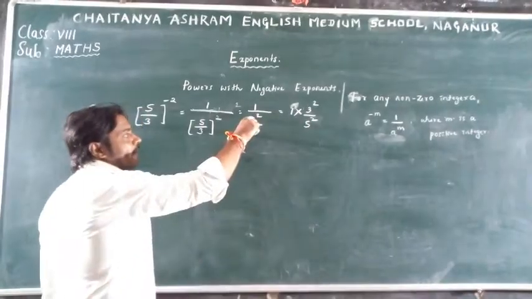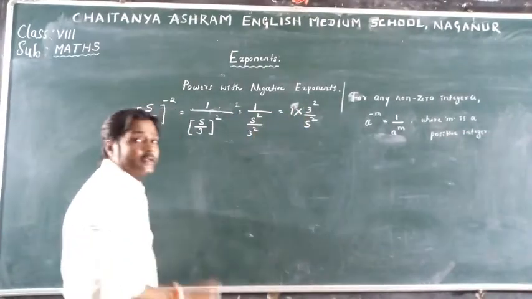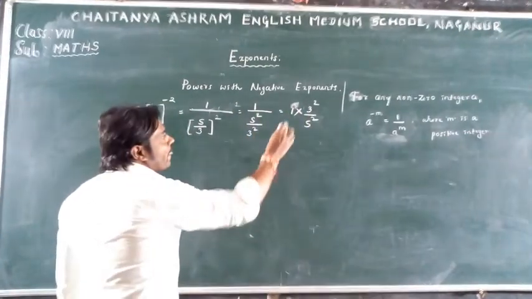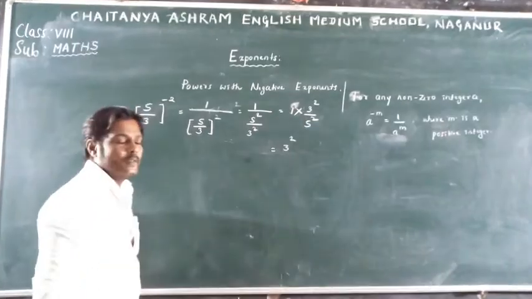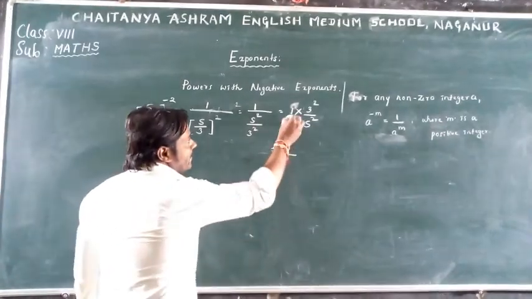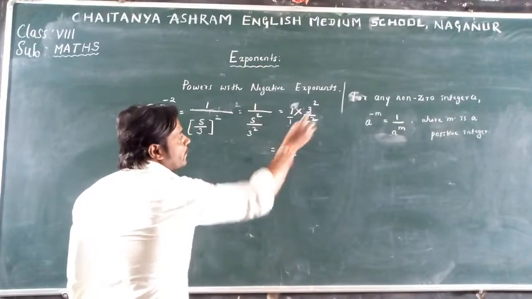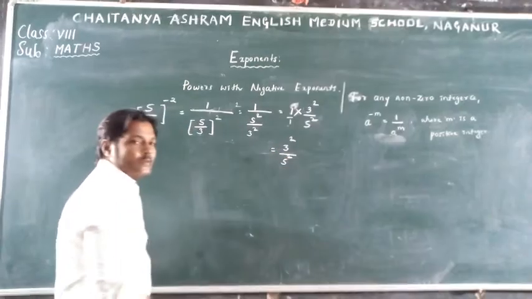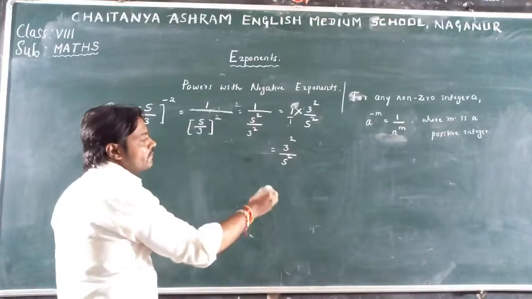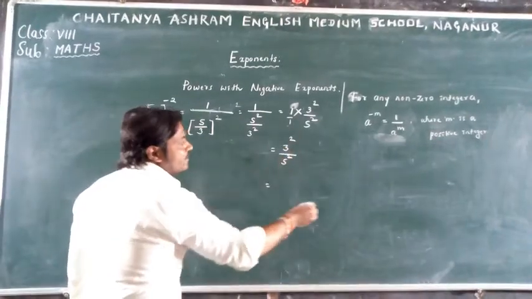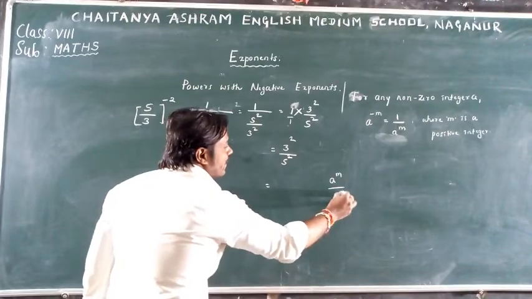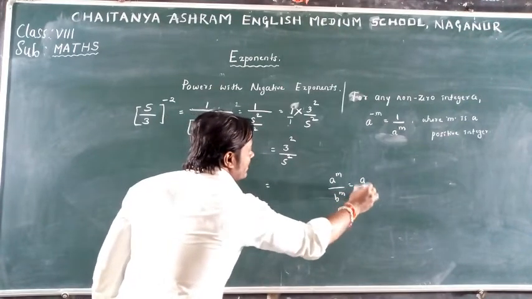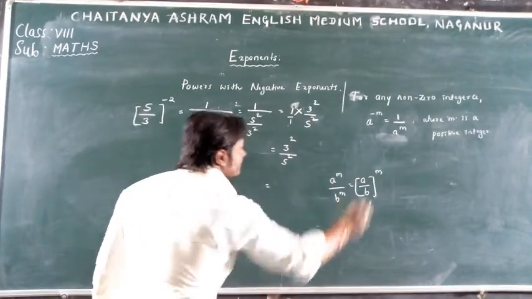Yes, they interchange. Then simplify. 1 into 3 raised to the power 2 is 3 raised to the power 2 divided by, here the denominator is 1. 1 into 5 to the power 2 is 5 to the power 2. Again by fifth law of exponent, A raised to m divided by b raised to m is same as a by b raised to the power m.